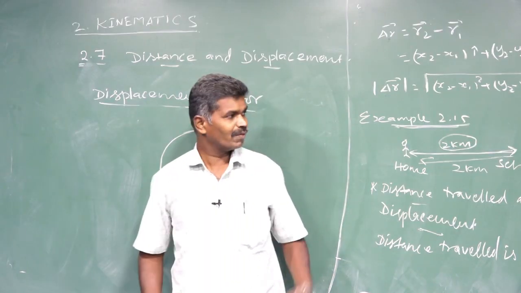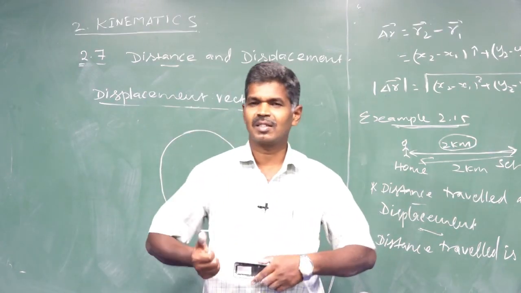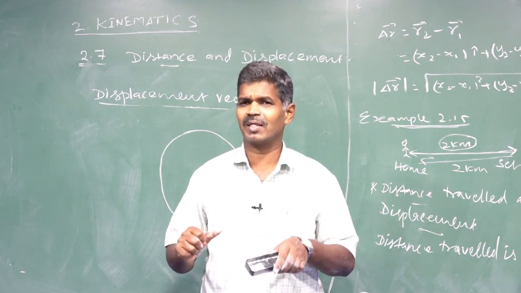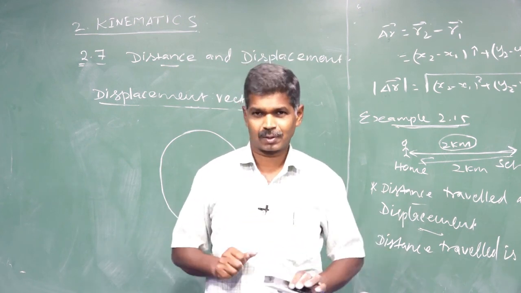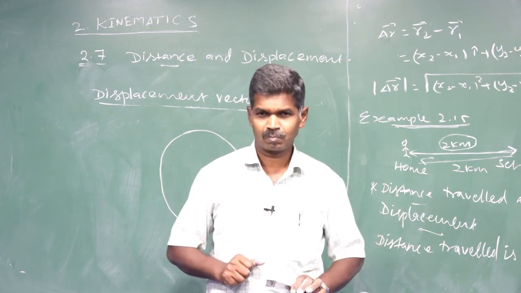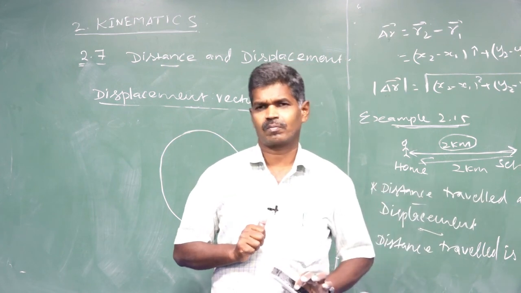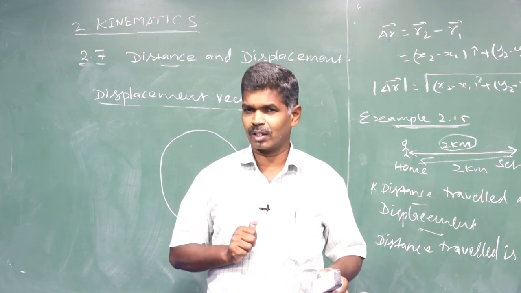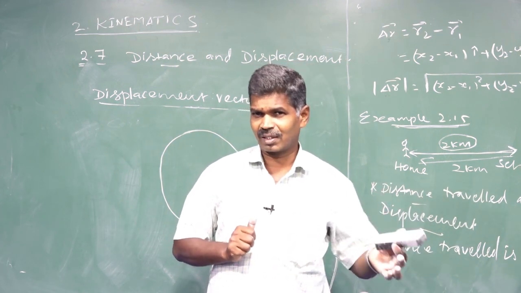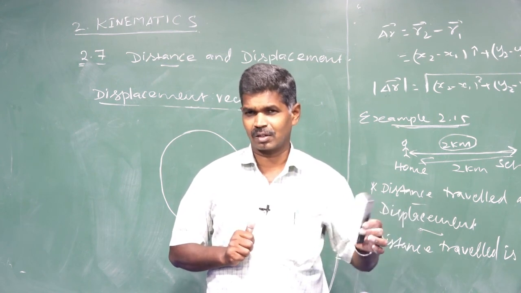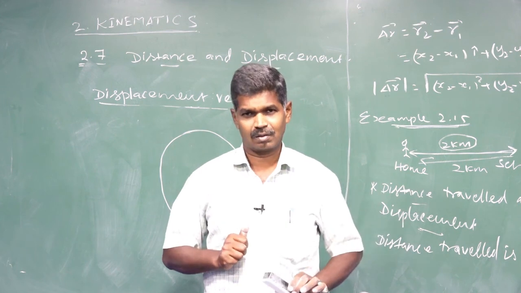If we move from A position to B position, there we have both distance traveled and displacement. We have a relation between distance and displacement: distance is nothing but the actual length of the path, but displacement is the shortest distance between the initial and final positions. Distance is a scalar quantity, displacement is a vector quantity. A vector quantity contains both magnitude and direction.